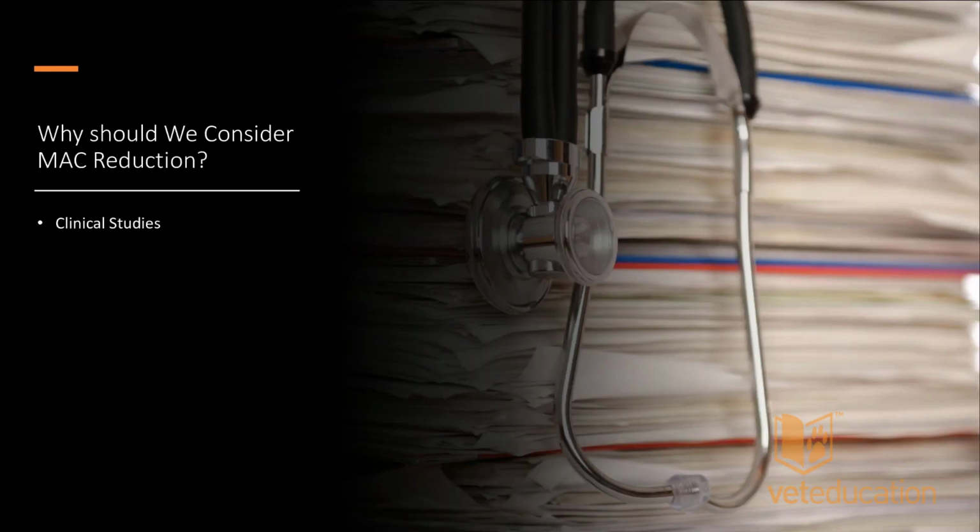And then to reach the middle of the lecture, we're going to be talking about some of the clinical studies that compare inhaled anesthetic drugs, most notably isoflurane, because it's the one that's been most widely studied in comparison to injectable anesthetic agents like propofol and ketamine and alfaxalone.